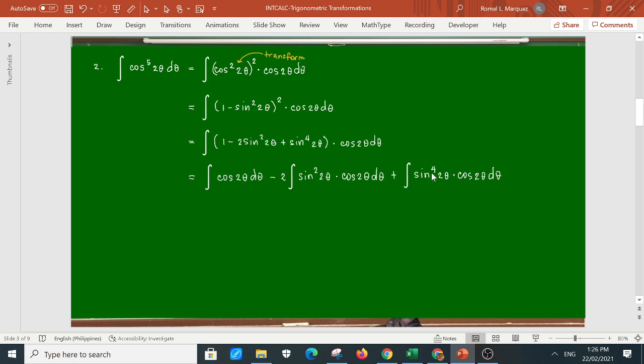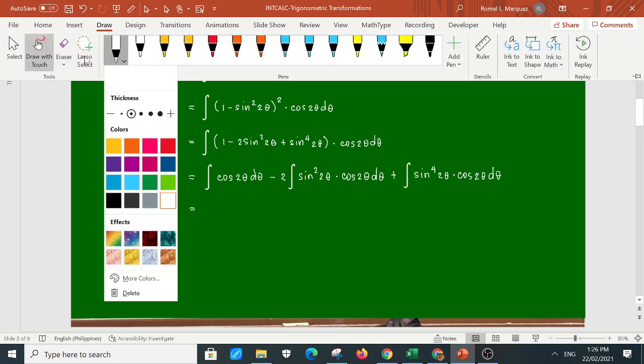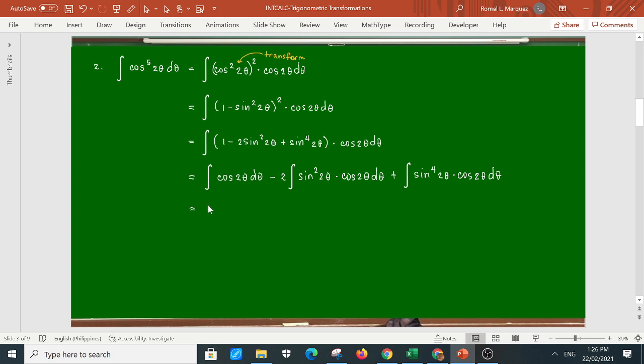Okay, guys? Anyone who wants to give me the answer for the integral of this? Do it mentally. Guys, what is the integral? I put 2 balanced by 1/2. What is now the integral of cosine 2 theta? Positive 1/2 sine 2 theta.